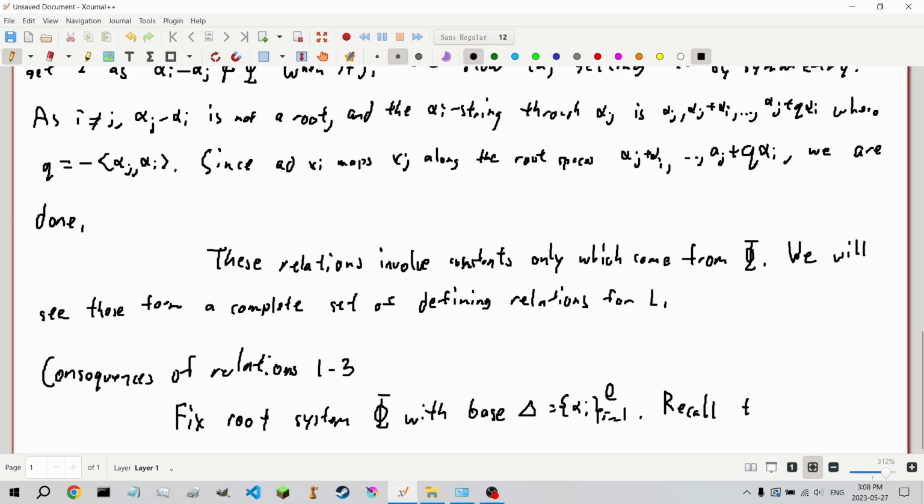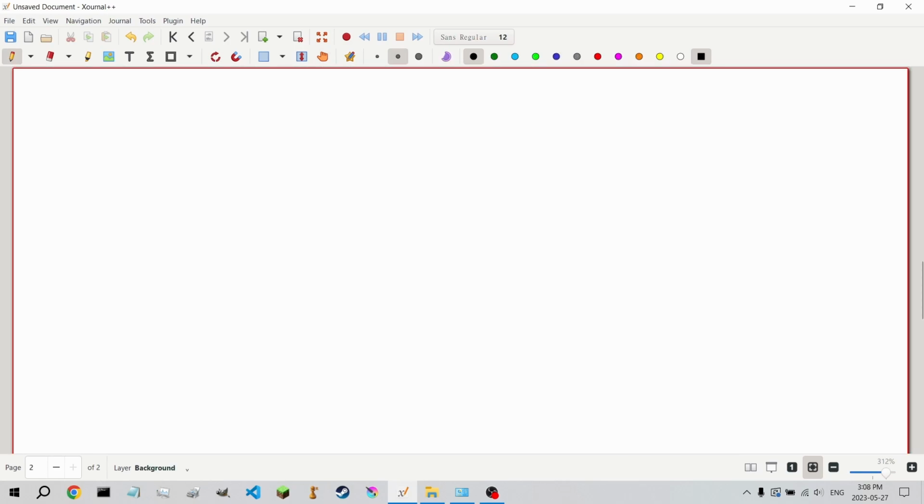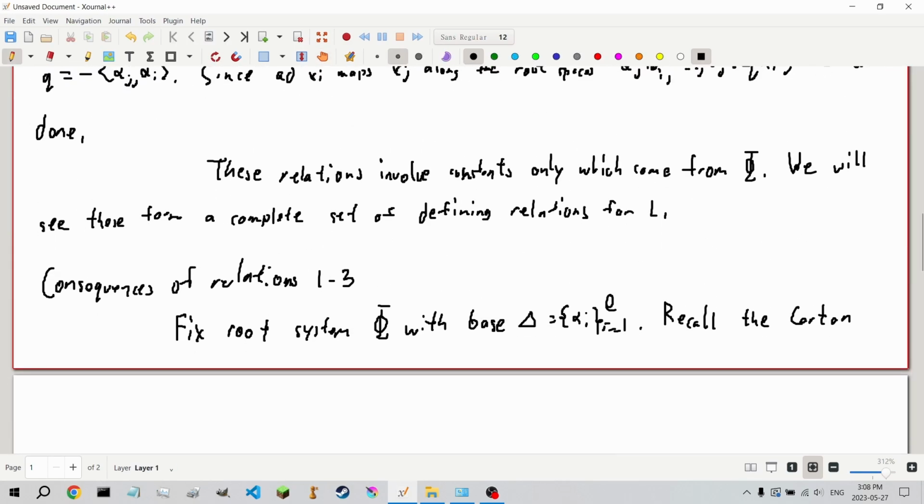Recall the Cartan integers. The c_ij are defined to be equal to the angle bracket of α_i on α_j.